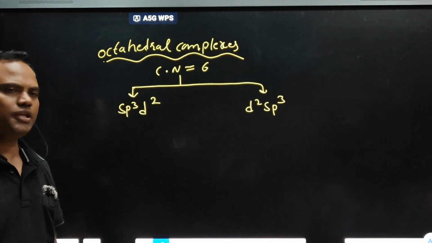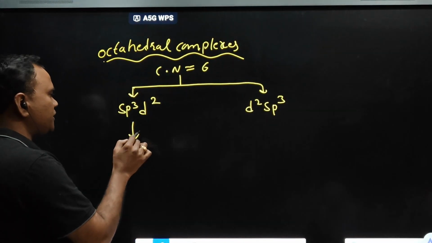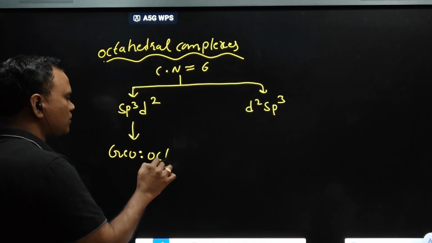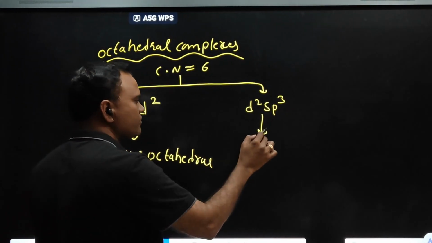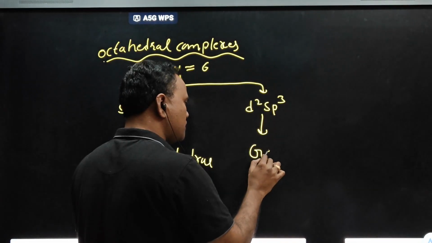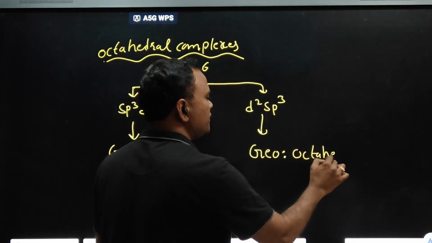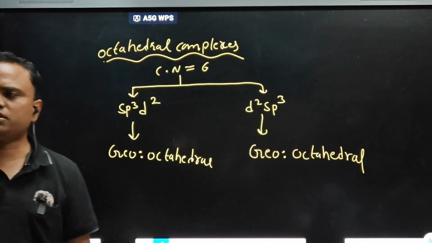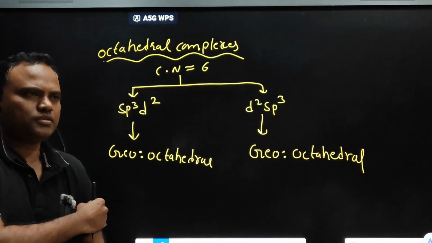If hybridization is sp3d2, then geometry is octahedral. This is very easy, because irrespective of the hybridization, geometry is the same for hexa-coordinated complexes.